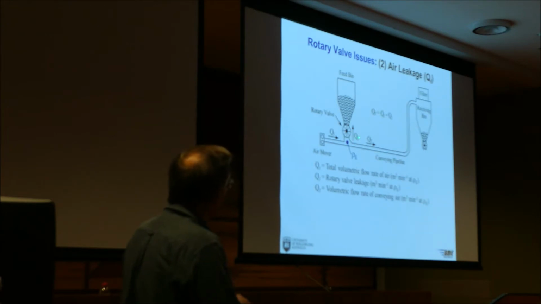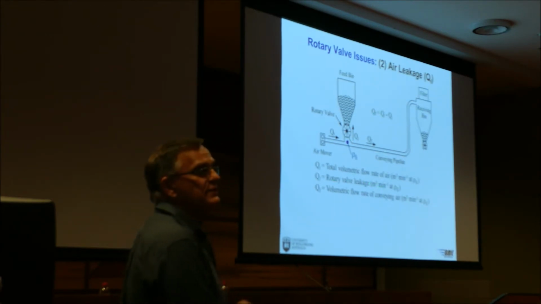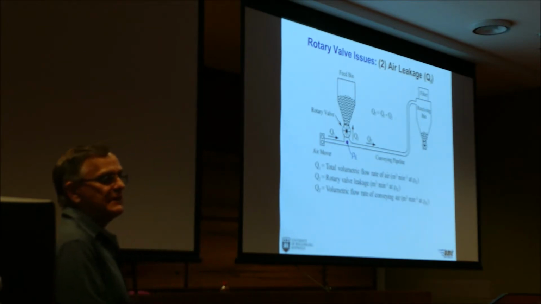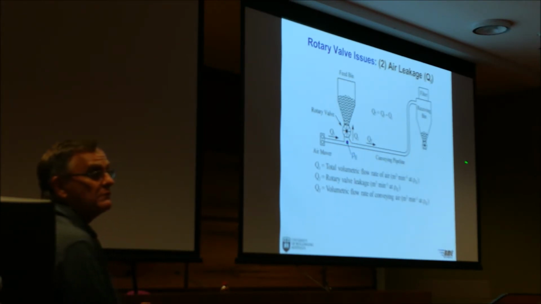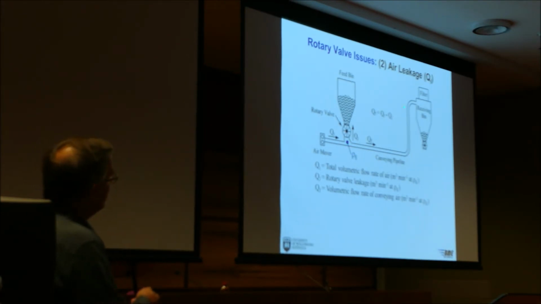This is what we call QL, your rotary valve leakage. It's also in cubic metres per minute at the same gas density, rho Fi. We use I for the inlet to the pipeline, the feed point. Little e is the exit. I'll show you that again later, but for the moment we're focusing on the inlet to the pipeline.